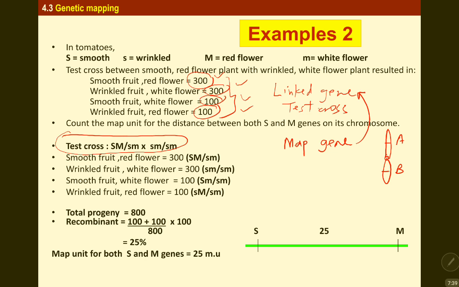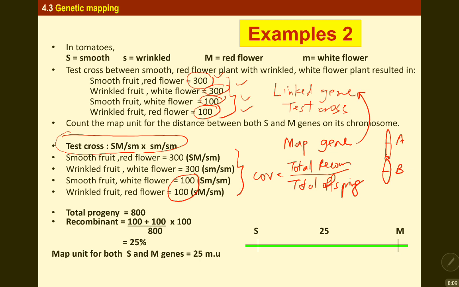So now, since it is a test cross, we know that we must have two parental genotype and two recombinant genotype. So from these four numbers here, the recombinant genotype usually have smaller number. So we use the formula COV equal to total recombinant divided by total offspring times 100.